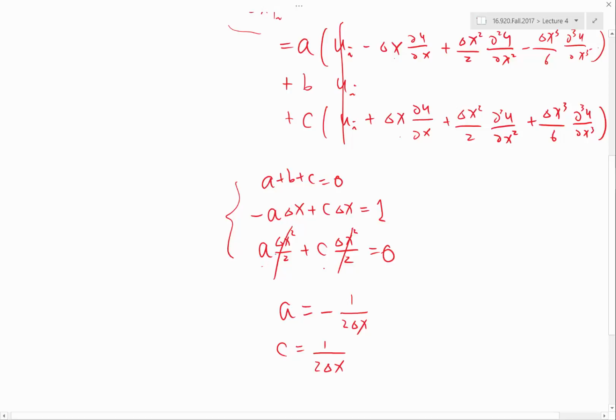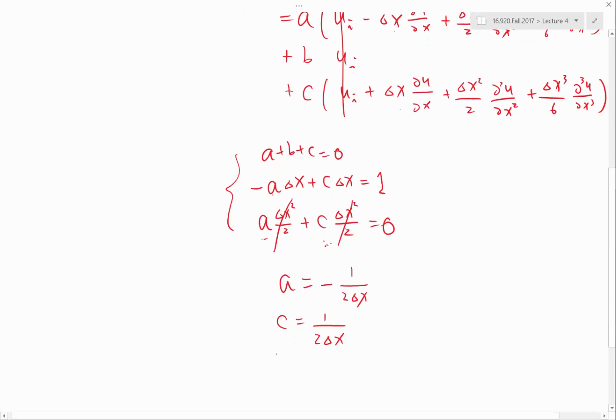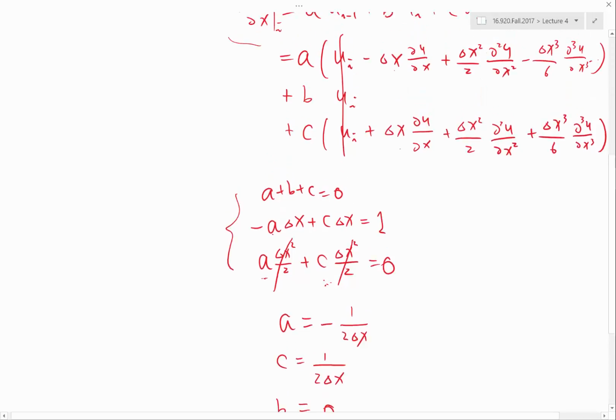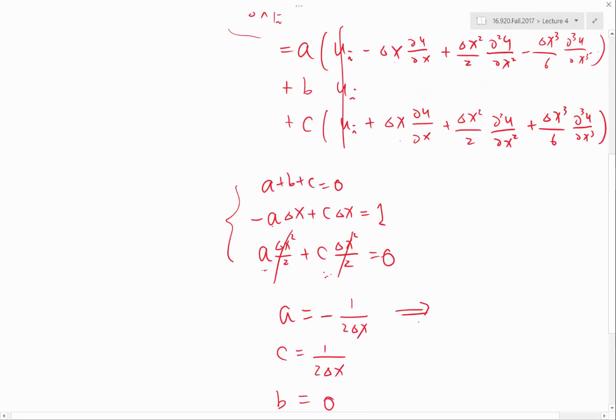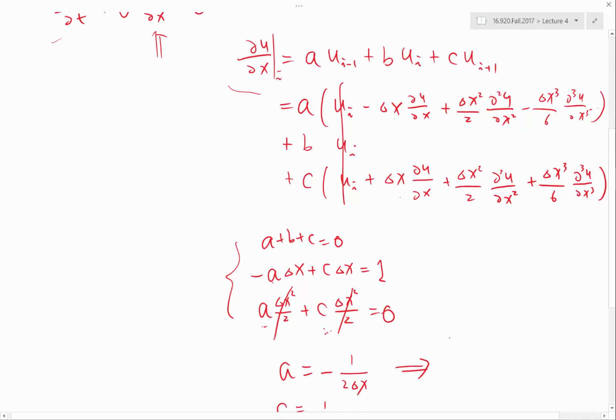If you now look at the first equation, b has to be equal to 0 for the summation of everything to be 0. So this leads us to the approximation of partial u partial x equal to u i plus 1 minus u i minus 1 divided by 2 delta x. And you can derive any finite difference scheme that way.